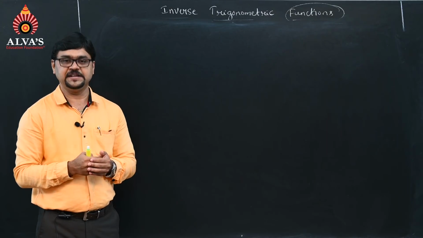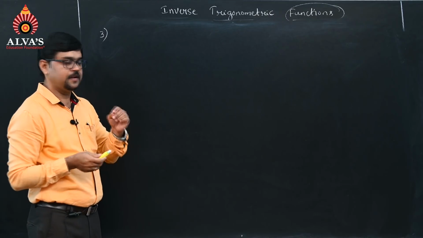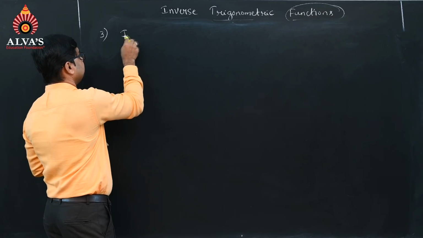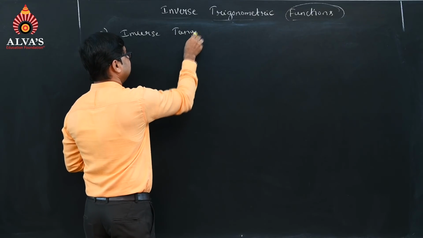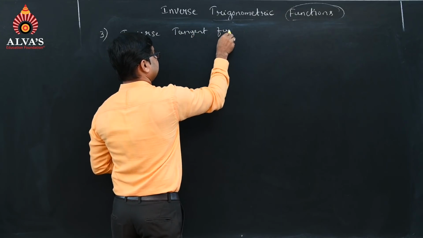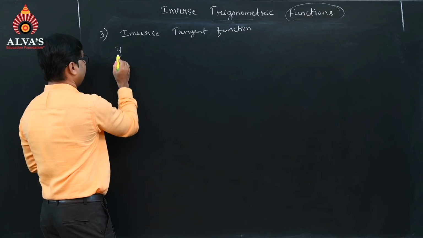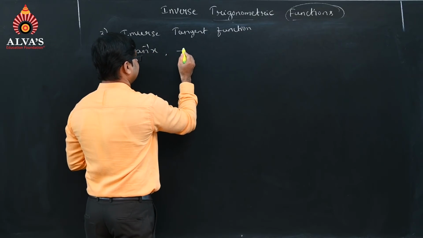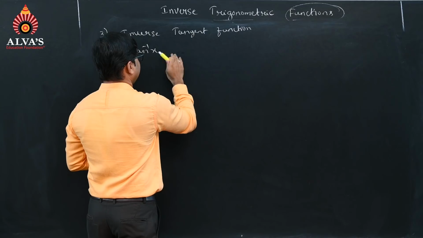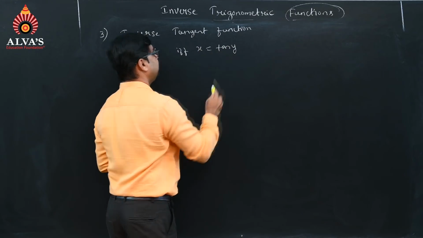concept of bijective, so that I will directly give the third definition, that is called the inverse tangent function. It can be defined as y equals tan inverse of x if and only if x equals tan y.